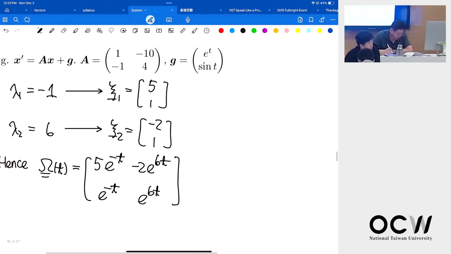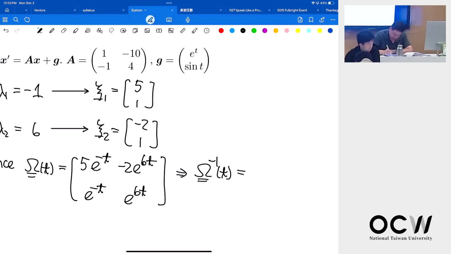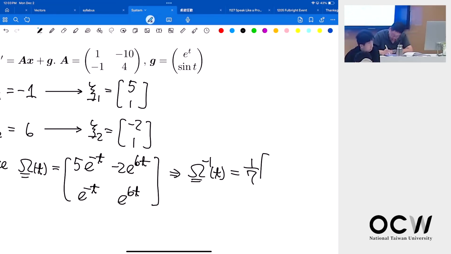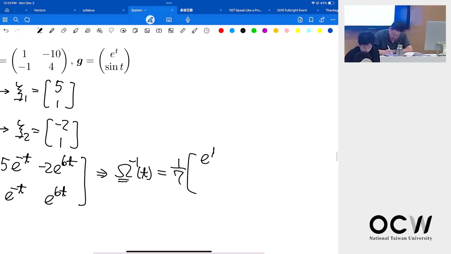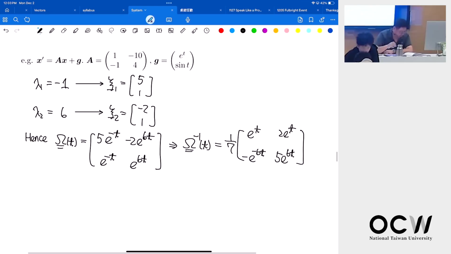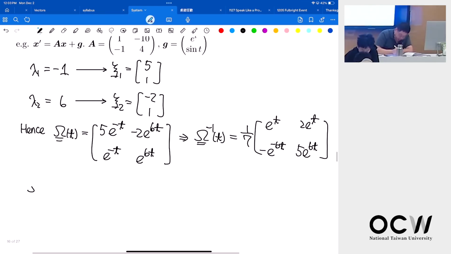And you need to know how to find the inverse matrix. And then you can have the inverse of the fundamental matrix times G. You get 1/7.